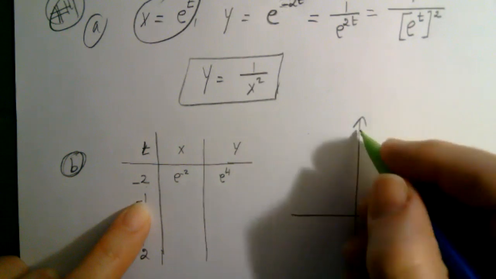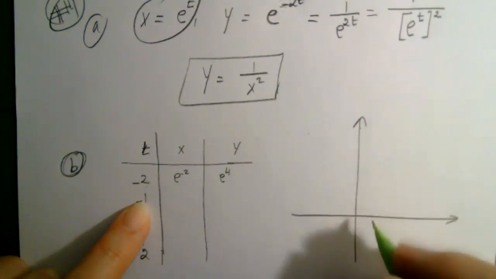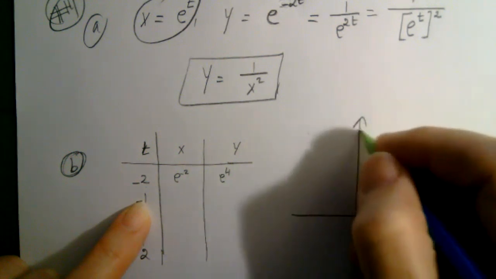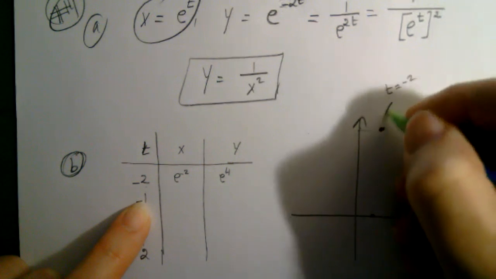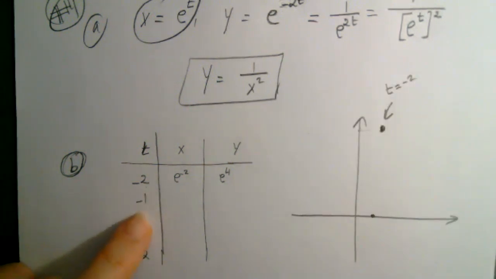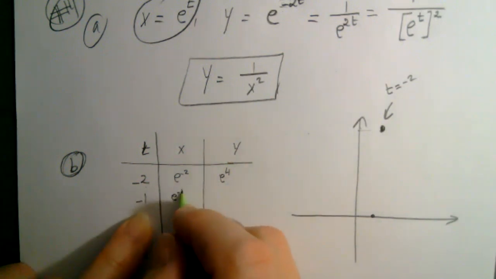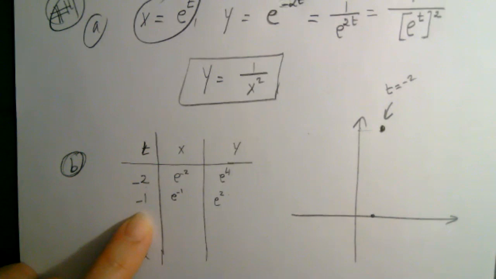So e to the 4 is really, really big. E to the -2 is a positive number. So let us assume the point is right there. This is t equal -2. That's really the point. At -1, I am at e to the -1, and right here, I am at e squared.